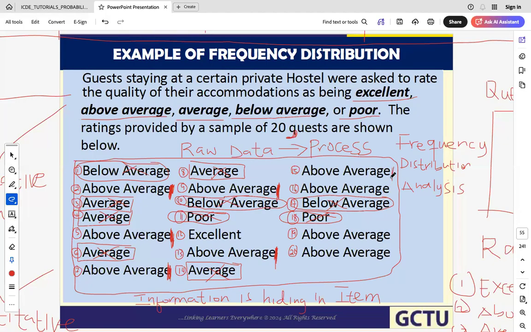This is 6, above average. This is 7, above average. This is 8, above average. And this is 9. So we have 1, 2, 3, 4, 5, 6, 7, 8, 9. So above average is giving us 9.